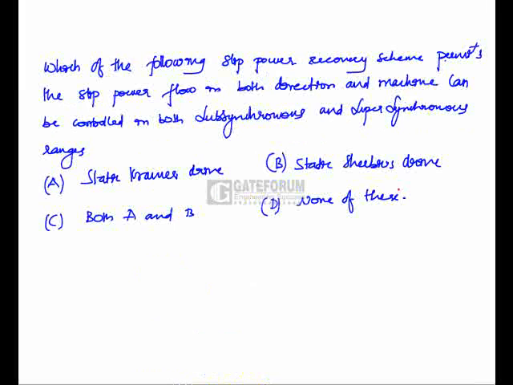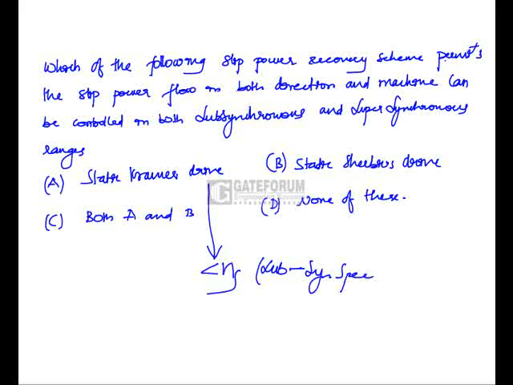Of frequency scheme permits the slip power flow in both directions, and the machine can be controlled in both subsynchronous and supersynchronous speed. He has given two types of drives here: one is the static Kramer drive, another is the static Scherbius drive. The static Kramer drive is only used when the speed is less than synchronous speed, that is called subsynchronous speed.